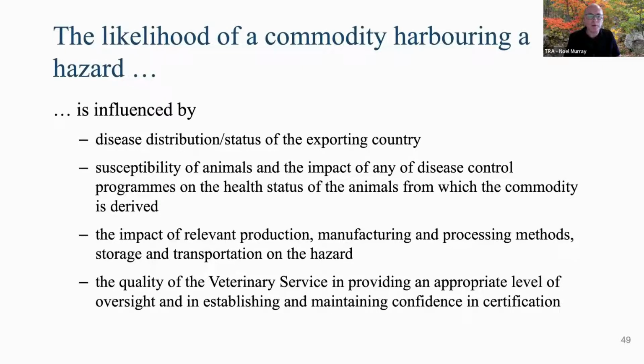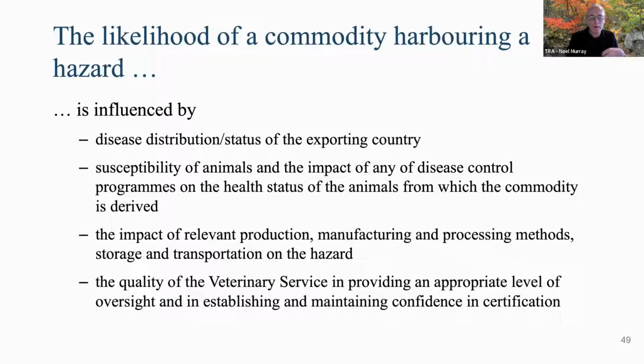The likelihood of this happening is influenced obviously by many factors, including the disease distribution or status of the exporting country, the susceptibility of the animals, and the impact of any disease control programs on the health status of the animals from which the commodity is derived. We need to consider the relevant production, manufacturing, and processing methods, as well as storage and transportation. How do these all impact on the survival of the hazard?